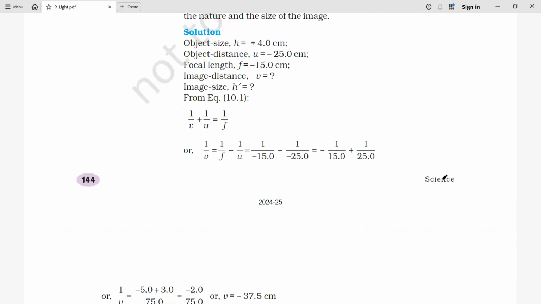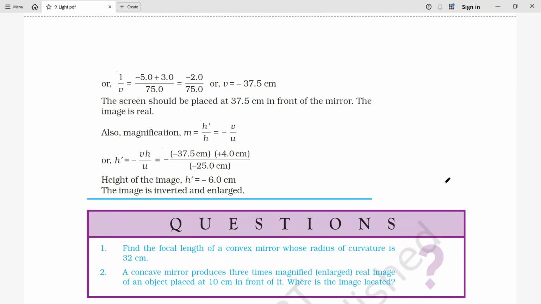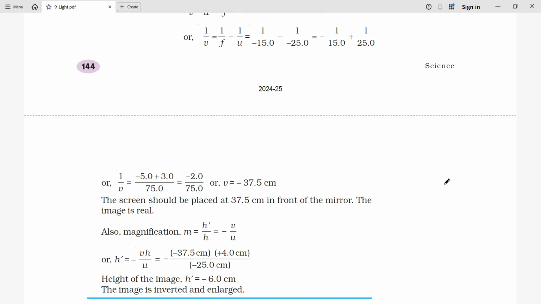Like this you can see some problems. Try to solve them. In the next lecture we are going to see about refraction of light. So here you have seen what reflection is, what a spherical mirror is, and the parameters in spherical mirrors: radius of curvature, focus, focal length, center of curvature, pole.